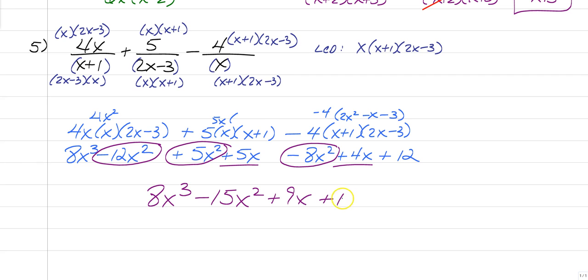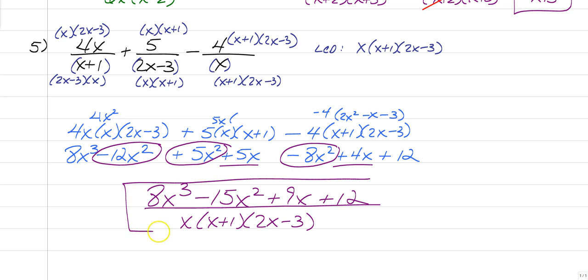And then we have our plus 12. And of course you would check to see if that can be grouped. It can't. So then we just have to leave it all over x times x plus 1 times 2x minus 3. Okay? And that is how you simplify a big nasty fraction like that.